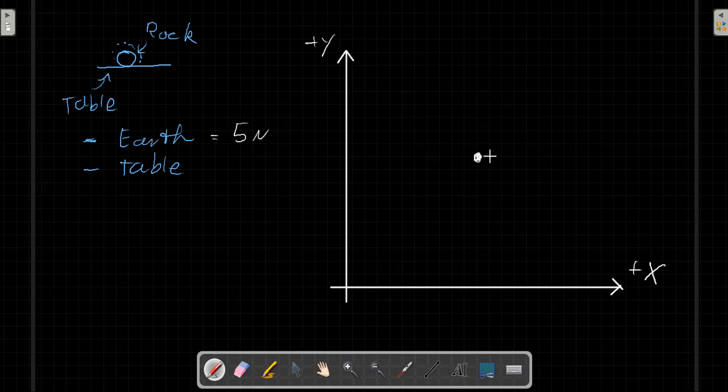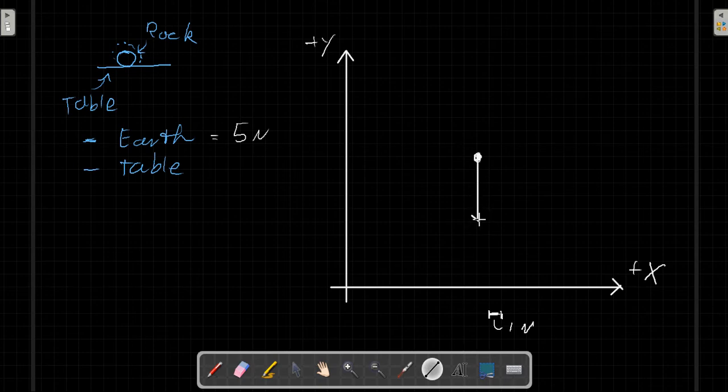If the Earth exerts 5 newtons on the rock, we can define one of these squares to equal 1 newton. So each square is 1 newton, and we want to draw an arrow that is 5 newtons. So here we go: 1, 2, 3, 4, 5.